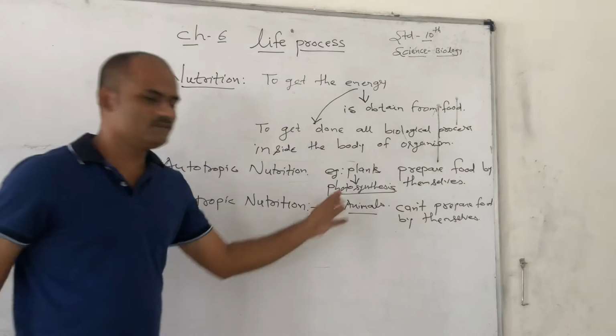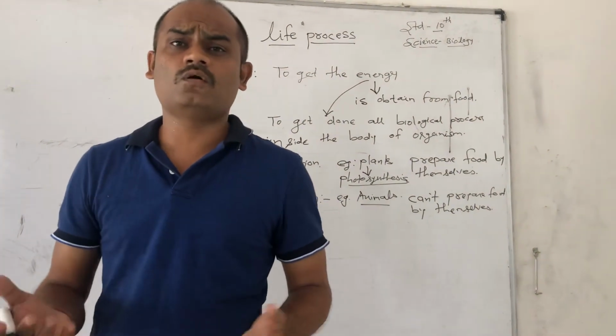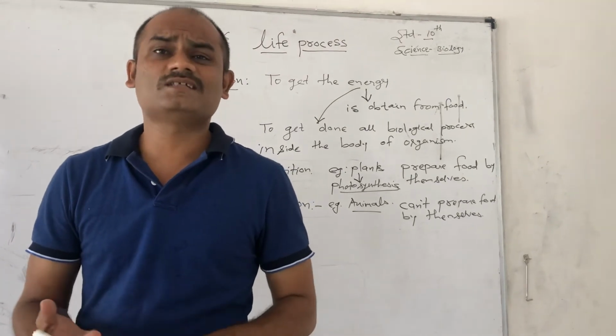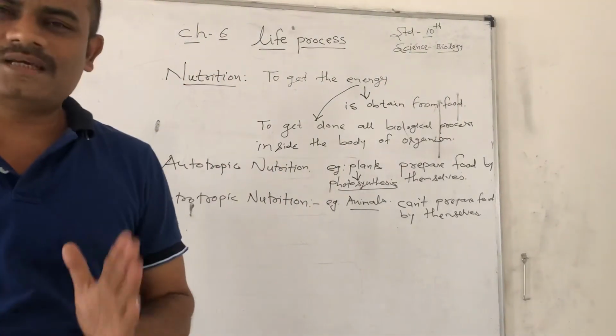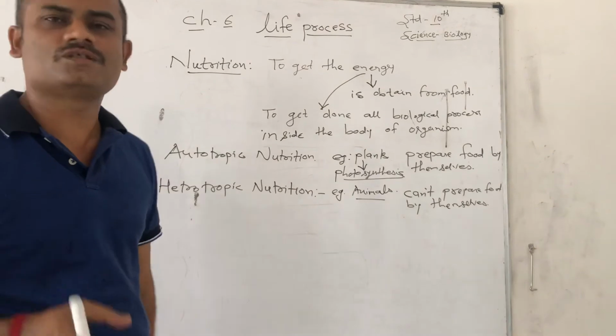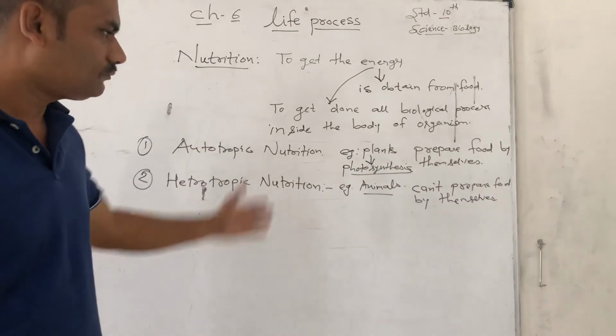Now what is photosynthesis? Green plants prepare their own food using sunlight, carbon dioxide, air and water. This is the basic, or common, definition of photosynthesis, which you have all studied in standard 8 also, 9 also.